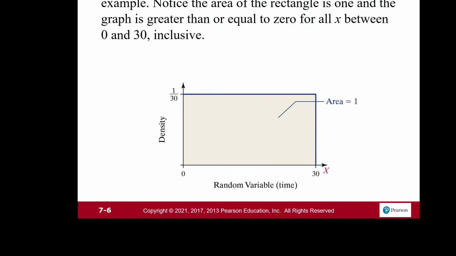And so if we divide up our uniform probability distribution function from 0 to 30, and make the height 1/30, this area will be defined as one whole. And all the values possible are positive. And so this is an example of a PDF.